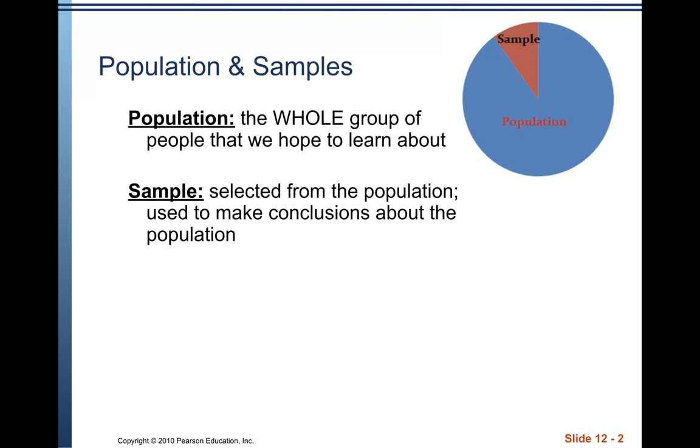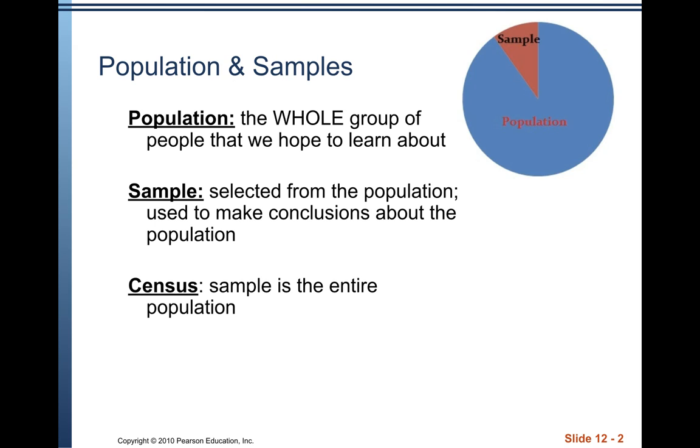So what they do is select just a small sample from that population, and they use those results to make conclusions about the entire population. The sample, as you can see in the visual here, is just like a slice of the pie from the population. The population is the whole group we hope to learn about. The sample is a small portion of that, and we use those results to make conclusions about the population.